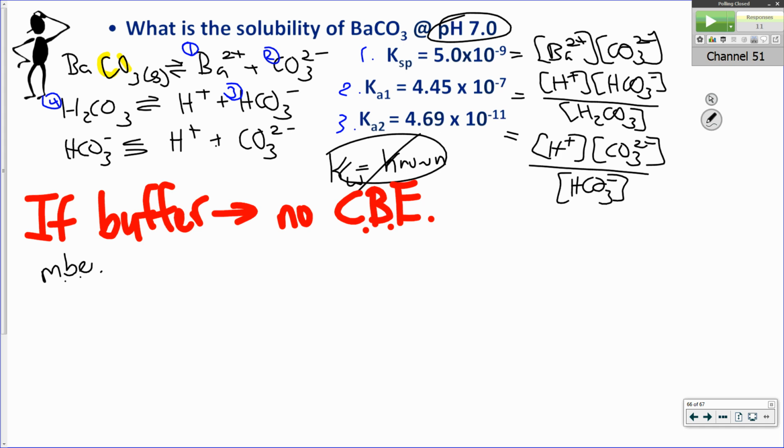So if I look at my mass balance equation, if I'm just looking at the solubility of this thing, I know that the barium concentration, which barium's only in one form, has to equal the total carbonate concentrations. But the carbonate can be in several forms.